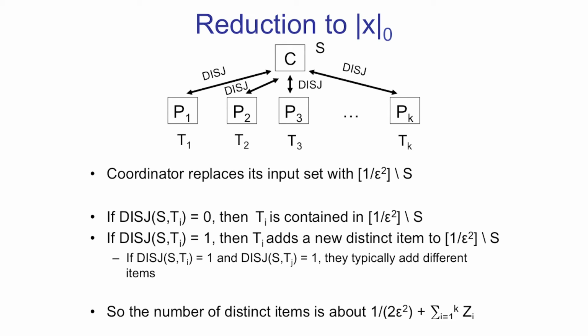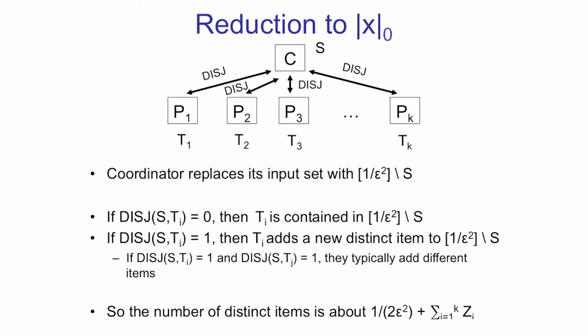But the sum of the bits zi, we said, is 1/4 epsilon squared plus or minus 1 epsilon, depending on which case you're in. That's how we set the parameters. So this quantity differs by a 1 plus epsilon factor in the two cases for this composed disjointness problem.